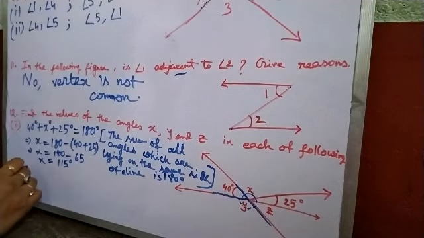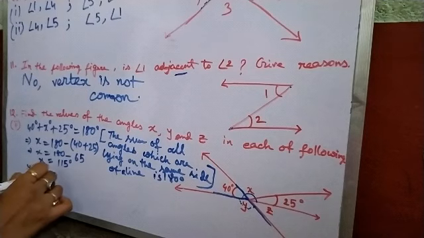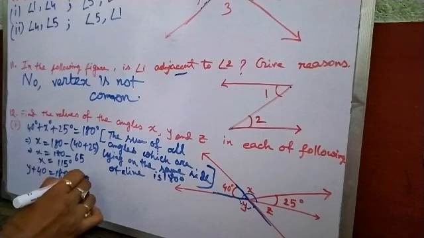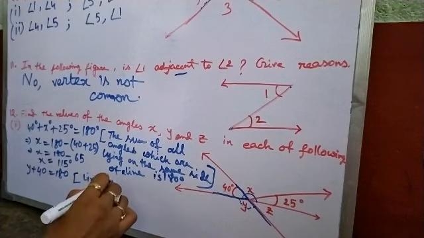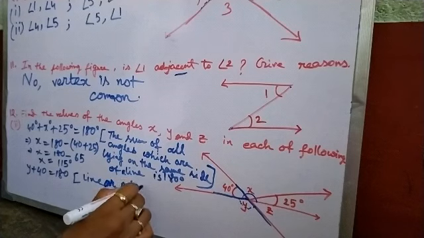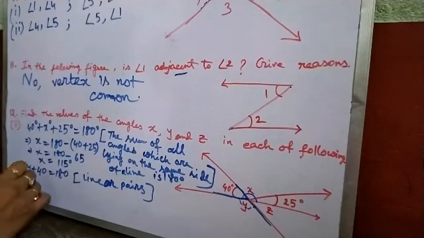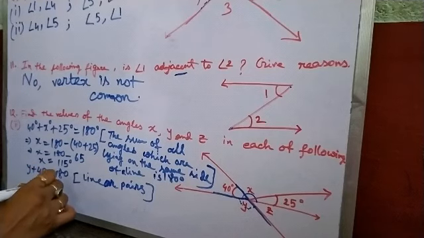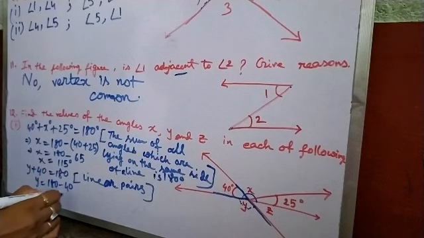So y plus 40 equals 180, by linear pair. Then we find y equals 180 minus 40. That means y equals 140 degrees.